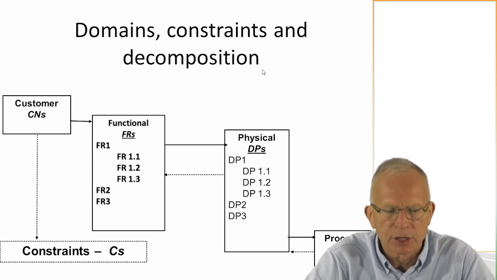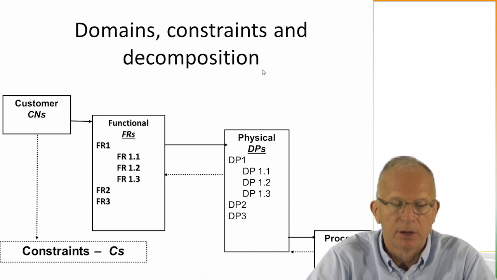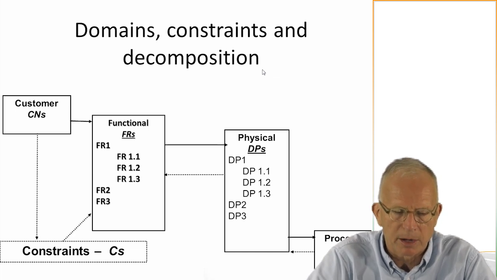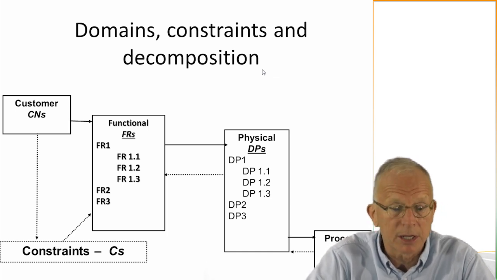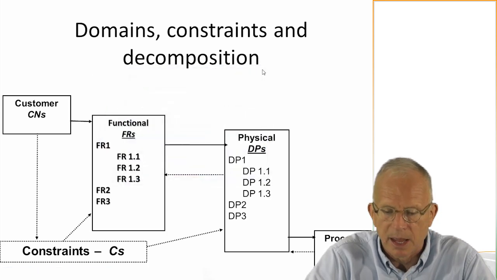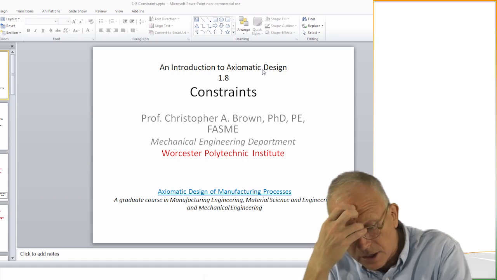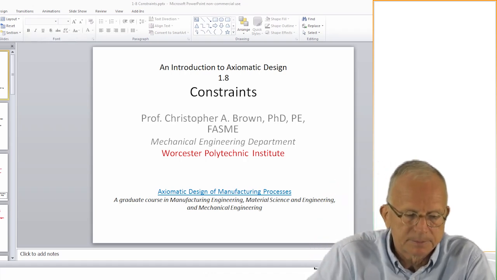Alright, so the constraints come first from the customer needs. There may be certain things that the customer is going to prescribe, and we'll be talking more about how to break those down later. Those can impact the functional domain, the physical domain, and the process domain.